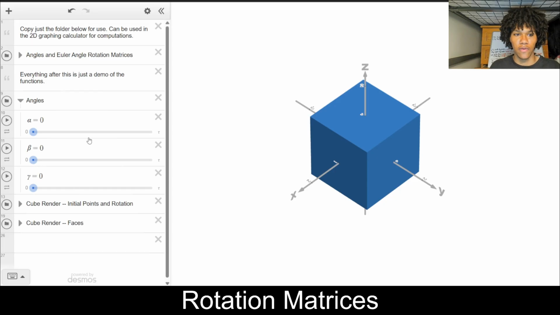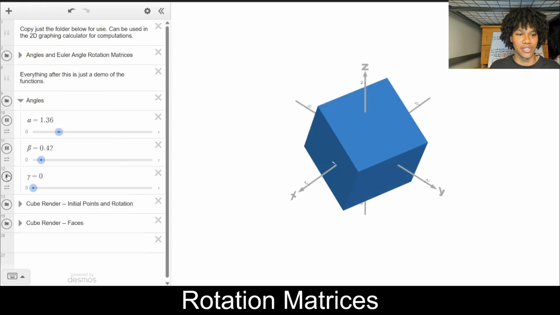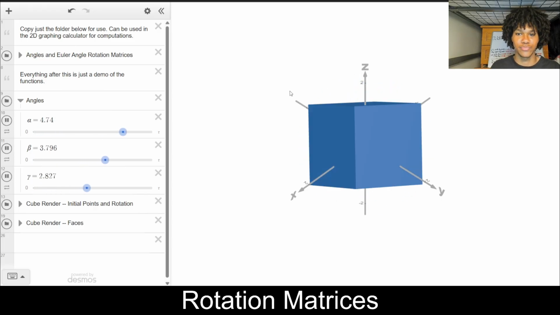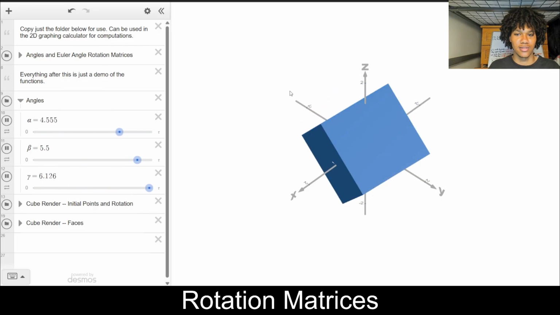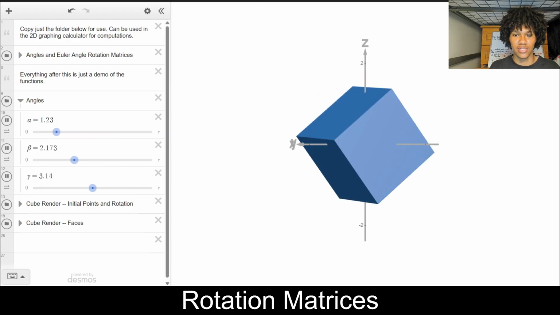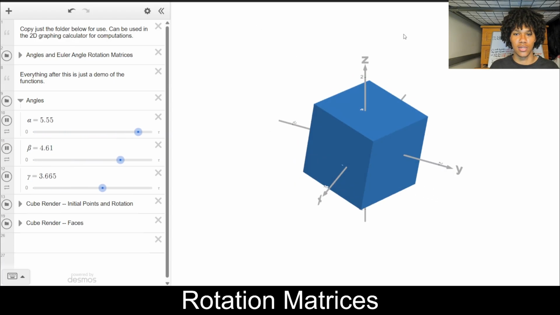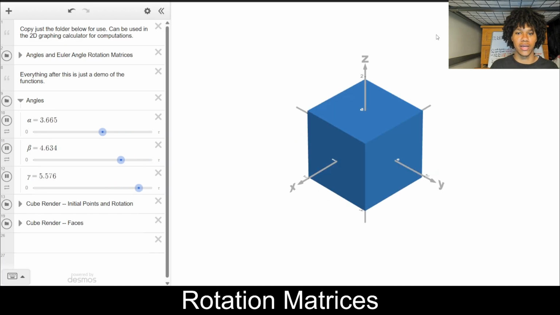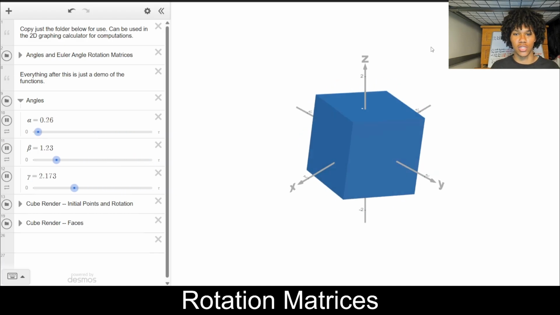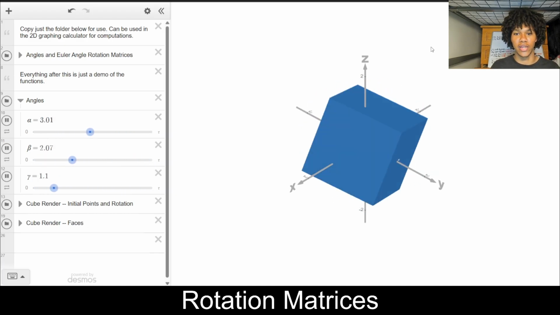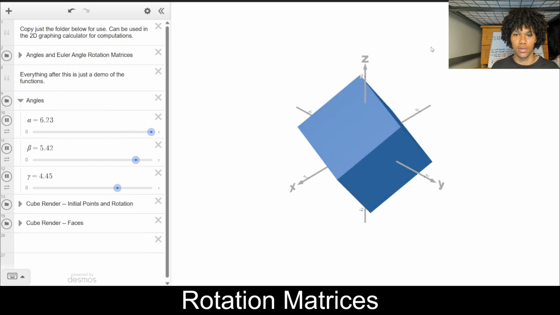And the last thing I want to show y'all is just a really cool demo of what this looks like. So I'm just going to spin this cube. Yeah. So hopefully this showed y'all that we can actually multiply a point by a matrix to result in a point that will represent rotation.